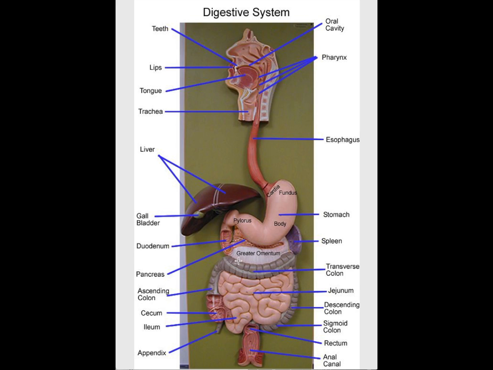And you can see the little haustrum, or the little poop houses. And you can see the rectum and the anus here too. So the rectum is kind of the last resort, the last chamber that poop is held before you poop it out. And the anus is obviously where the poop comes out.